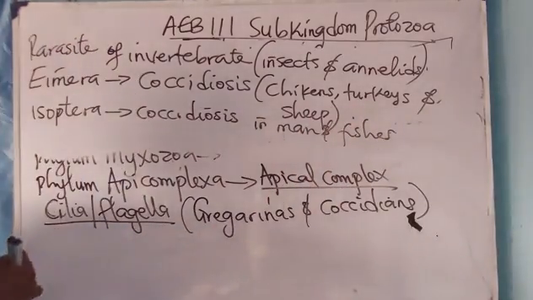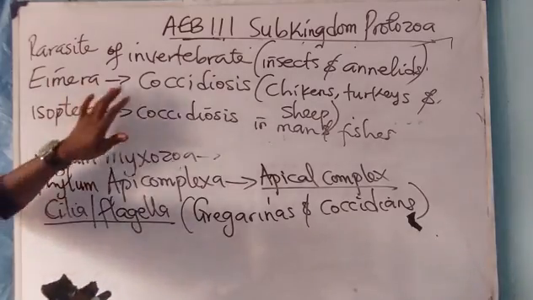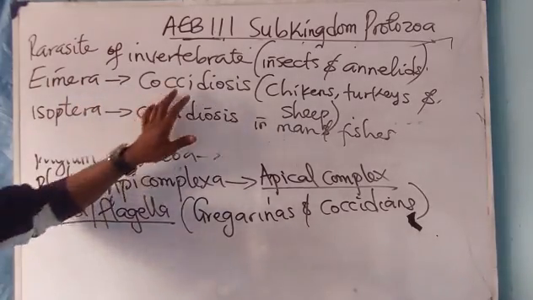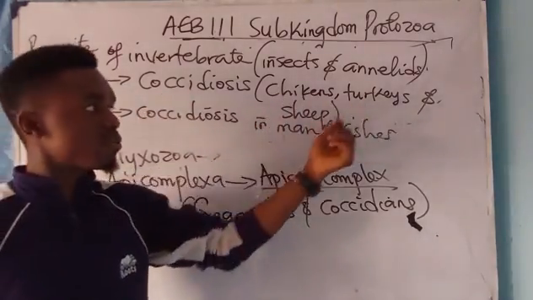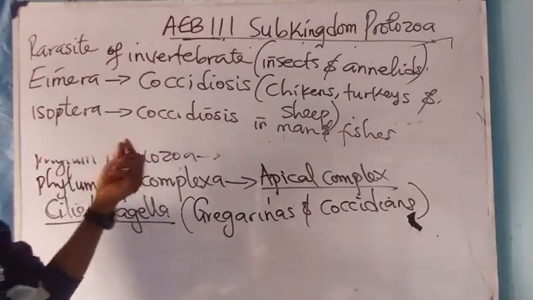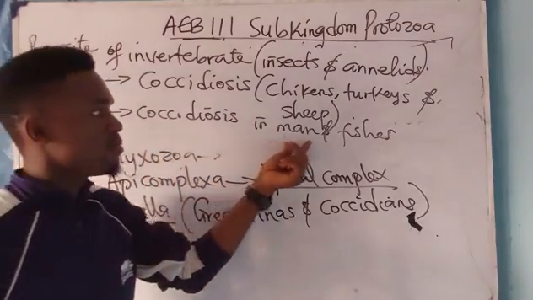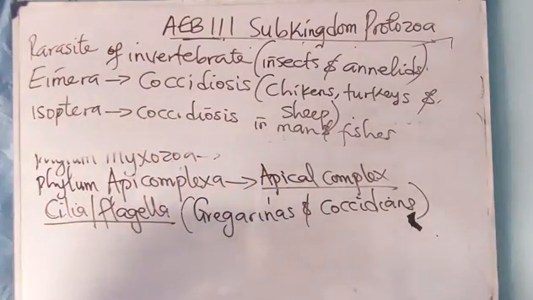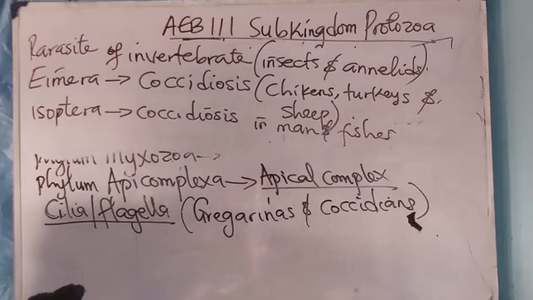But Eimeria causes severe coccidiosis in chickens, turkeys, and sheep, while Isospora causes less severe coccidiosis in man and fishes. Take note of that. It is very, very important.